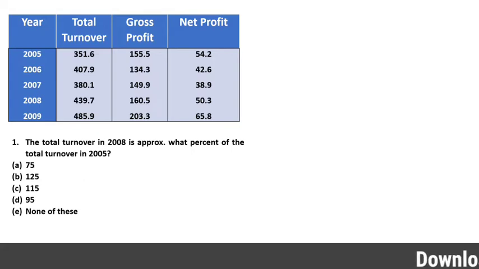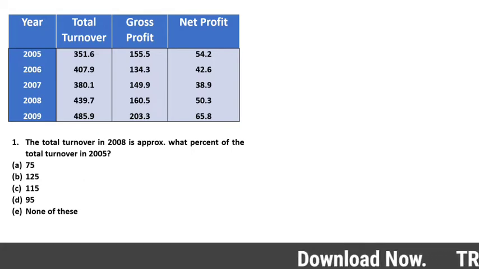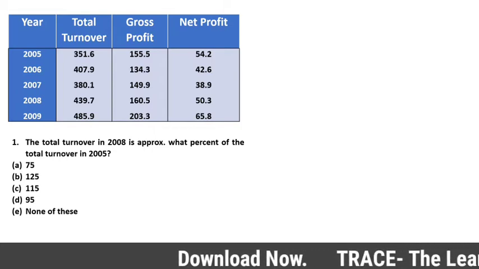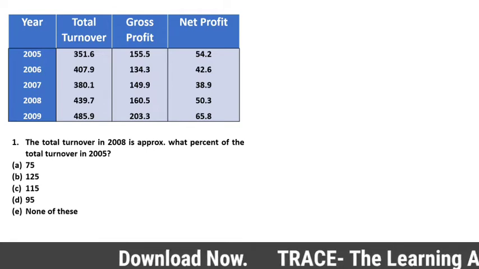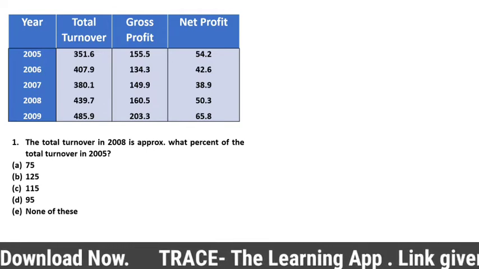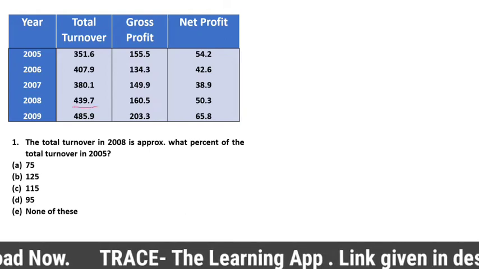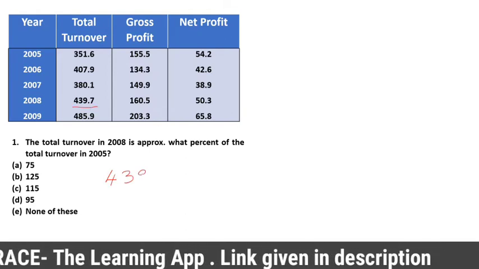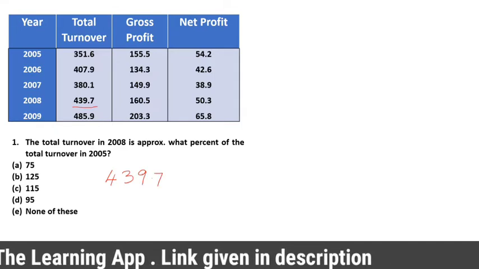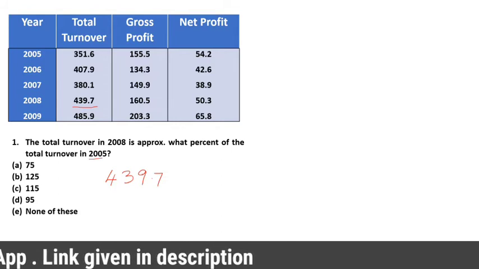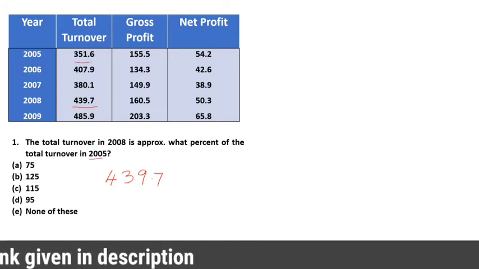The total turnover in 2008 is approximately what percentage of the total turnover in 2005? So the total turnover in 2008, you can see, is 439.7. So let us take that value, 439.7, and the total turnover in 2005 is 351.6.